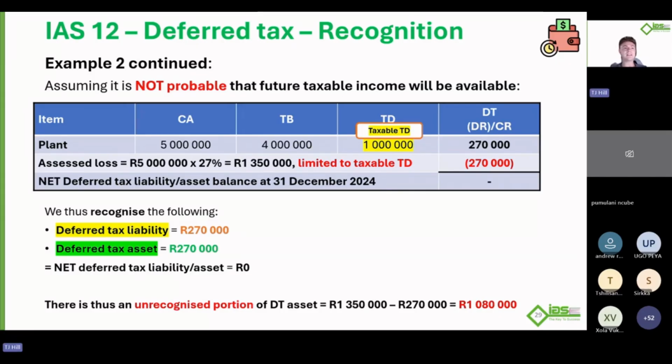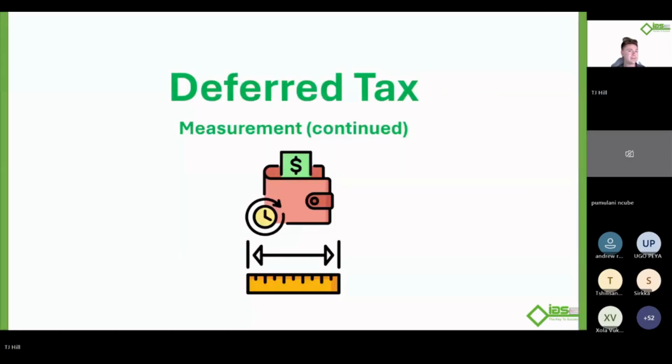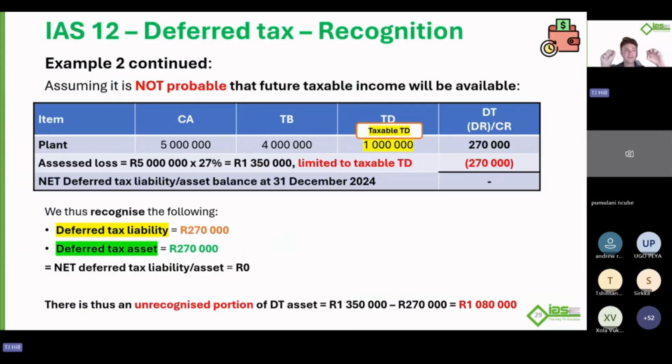If your tax base is higher than your carrying amount, you'll still get a deductible temporary difference. Are we sort of comfortable with it? We are going to do a big example where we do the assessed loss across 2 years again.